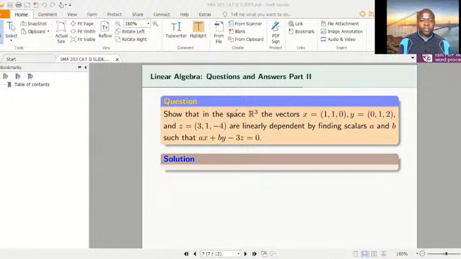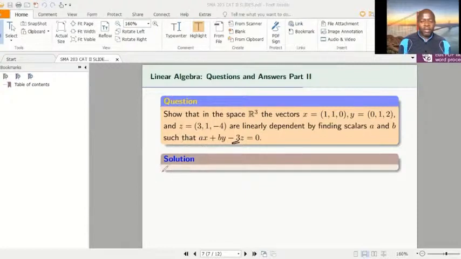Show that in the space R3, the vectors x, y, and z are linearly dependent by finding the scalars A and B, such that this linear combination is true. Now, we've already been given the other concept here, the definition of linear dependence.